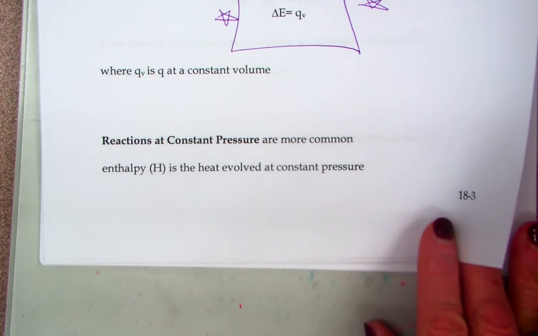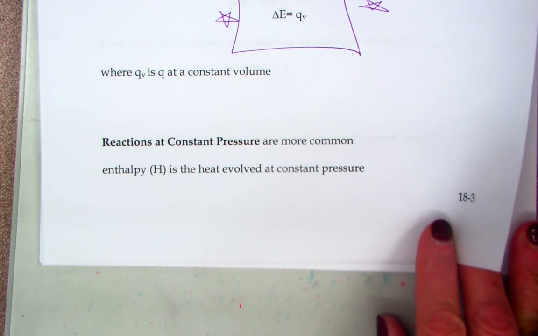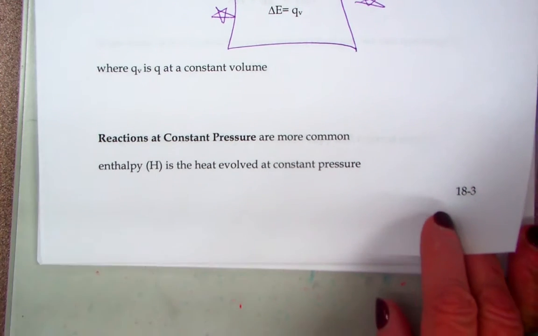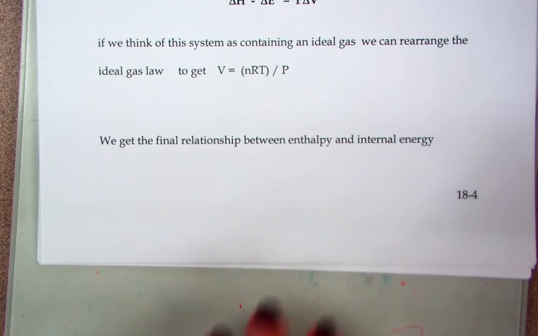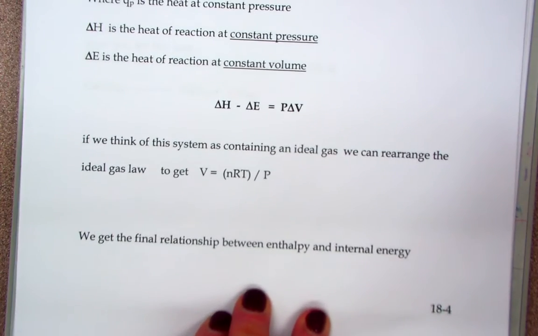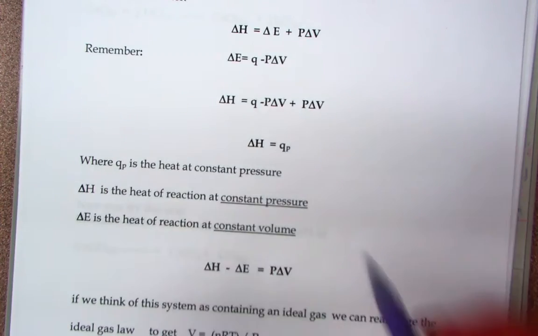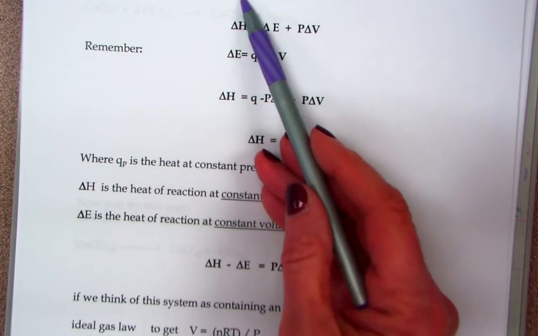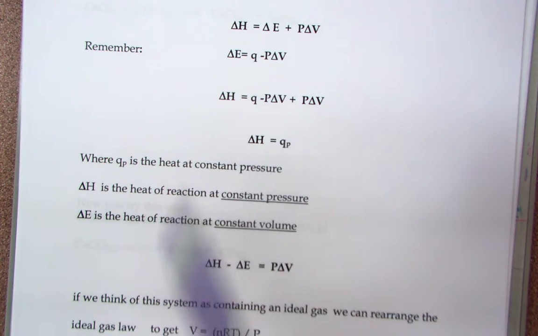And when we talk about the enthalpy, which is what was introduced for you in Chem 111, enthalpy is the heat that is evolved at constant pressure. And again, it's because the enthalpy is the energy plus the pressure times the volume. So the change in enthalpy, delta H, is the change in energy, delta E, plus delta PV.